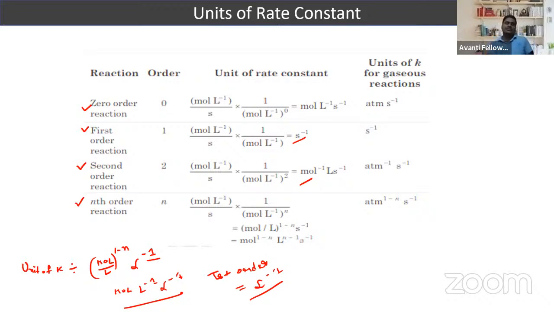If someone wants to calculate the unit of k for a gaseous reaction, then we can write it as atm to the power 1 minus n, times second inverse. We can remember it like this.